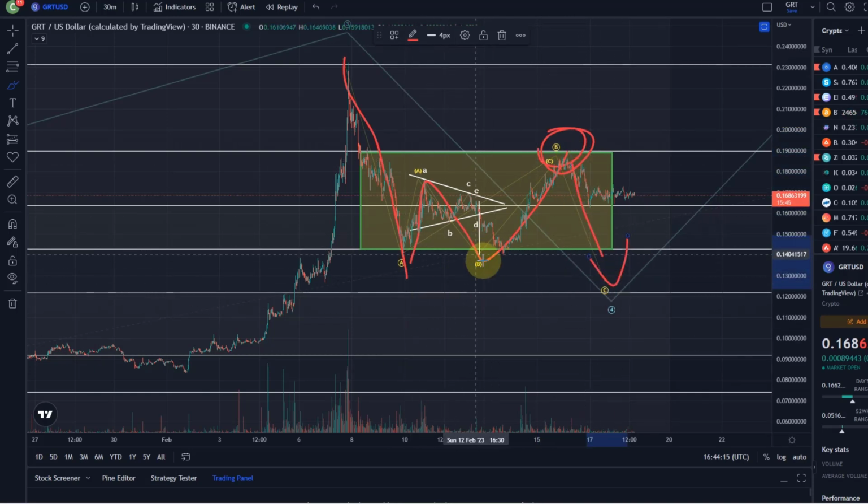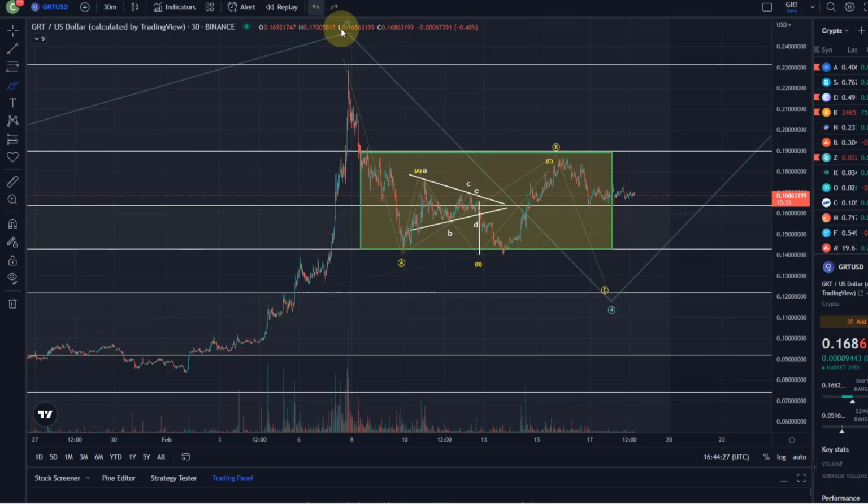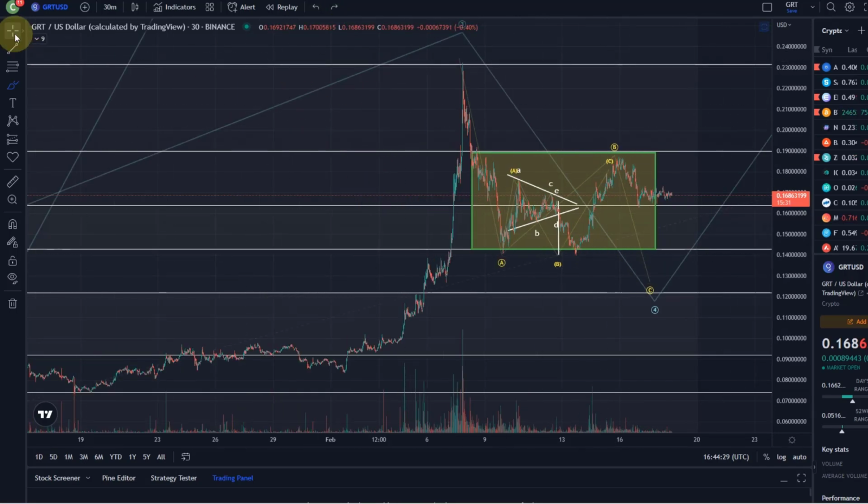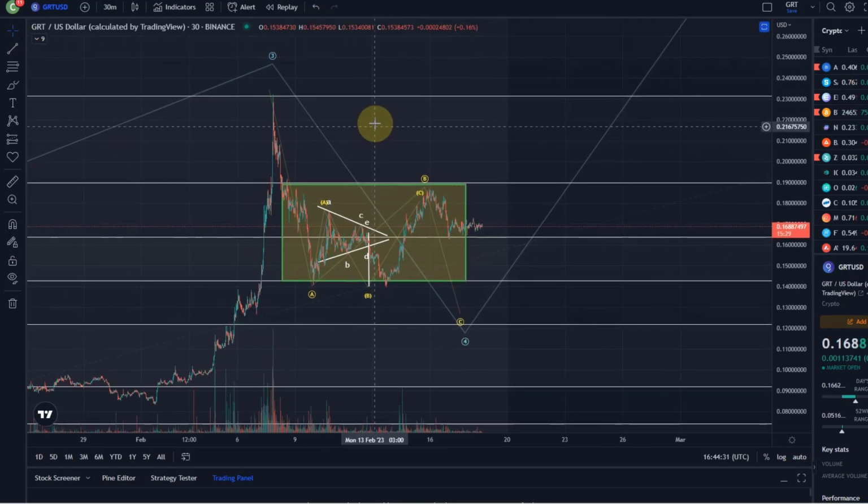Anybody who entered a position after my last video, I would move up my stop loss, maybe realize some partial profits if you haven't done so already, because at the moment I don't see a very clear entry point. There isn't always a high probability setup.